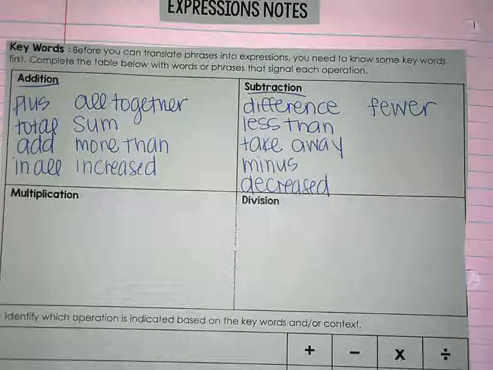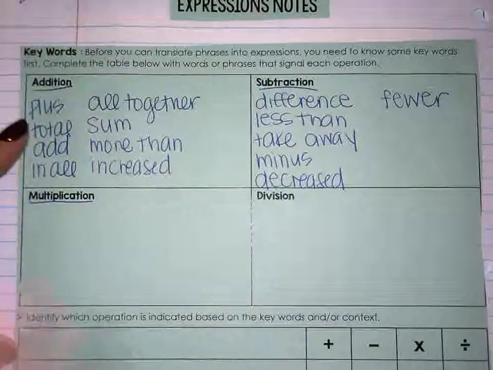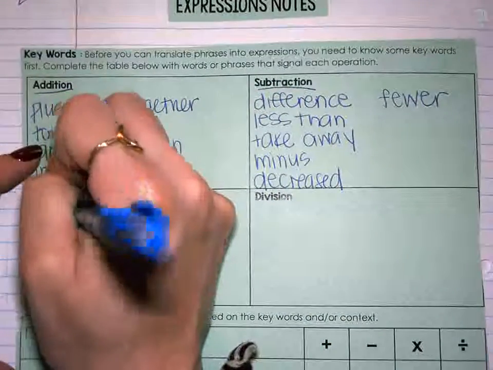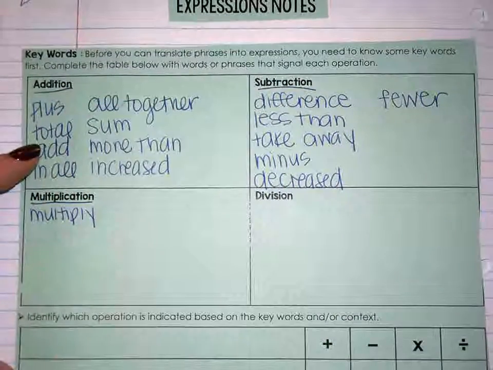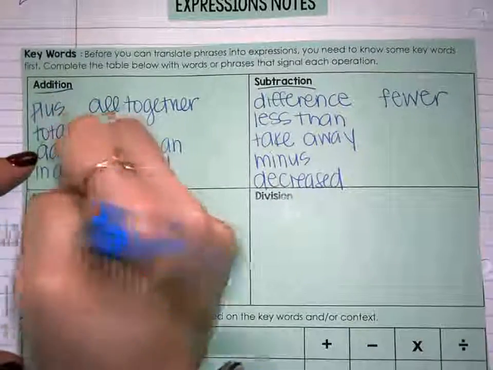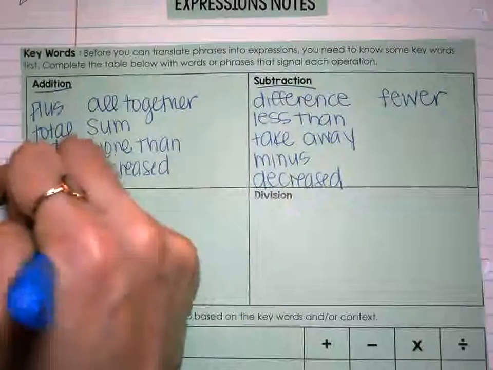Alright, multiplication and division get a little bit tougher. But what do you think, Michael? Okay, multiply. That's in the word multiplication. So absolutely, if they say to multiply, we know. Trevor? Times. Caitlin? Product.